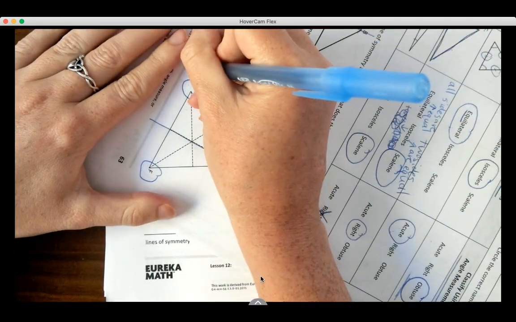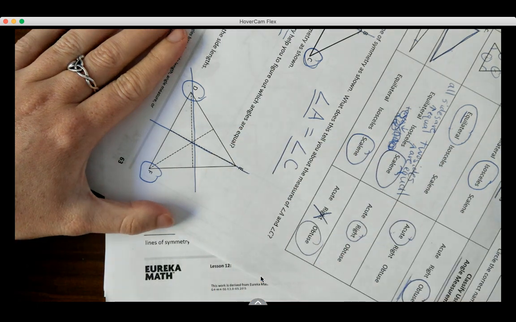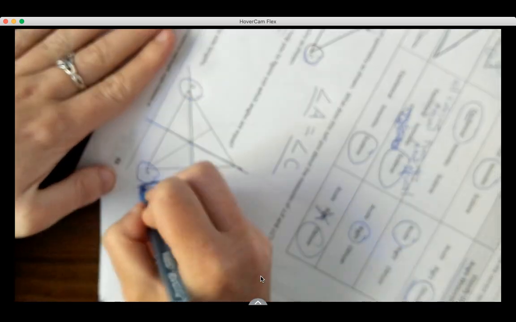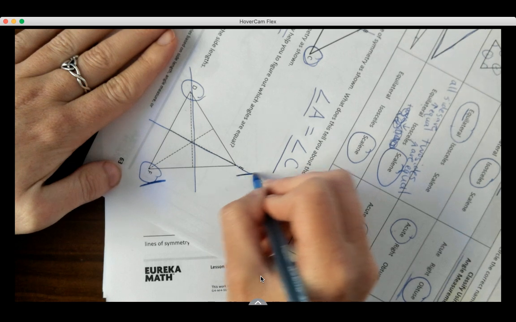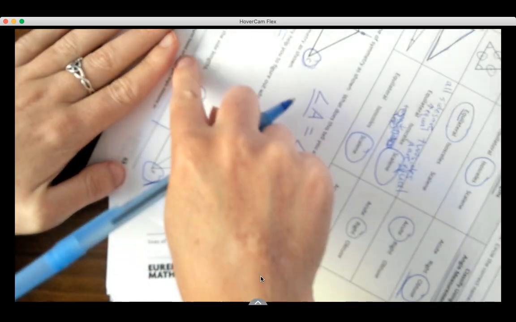If I make a line of symmetry at D, then F and E are also equal because that's a line of symmetry.